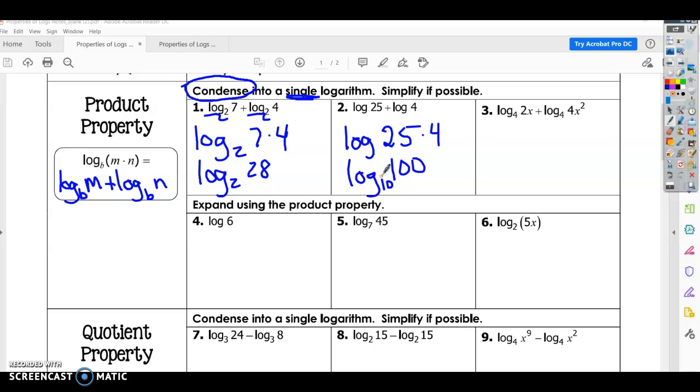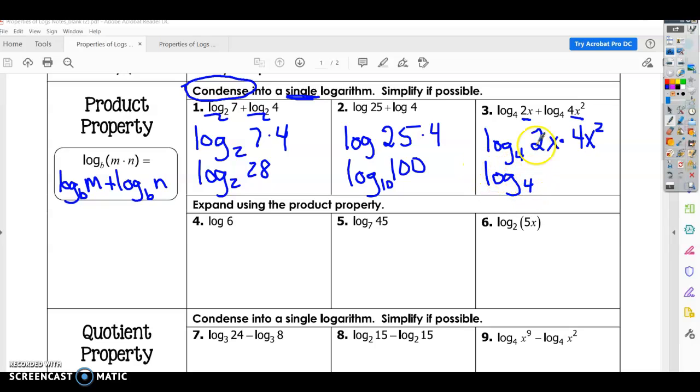All right, so log base 4, I've got 2x and 4x squared. So I'm just going to have 2x, my addition changes to multiplication, and 4x squared. I can go ahead and combine my numbers and exponents using also properties of exponents.